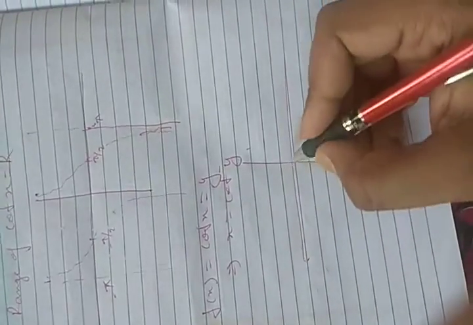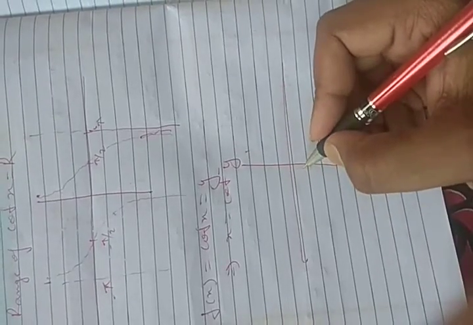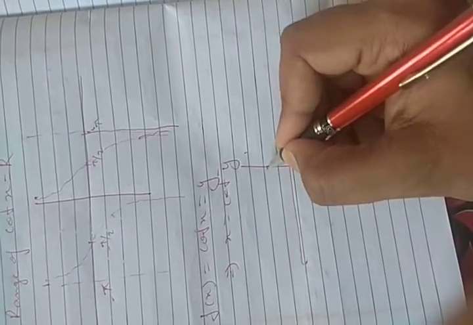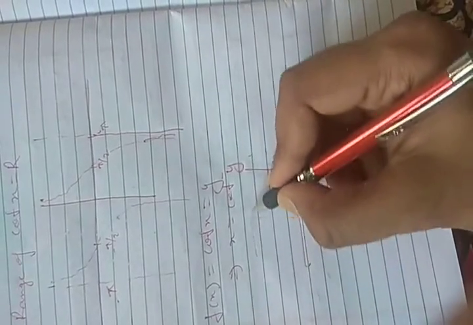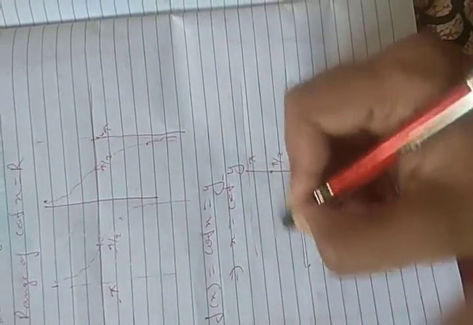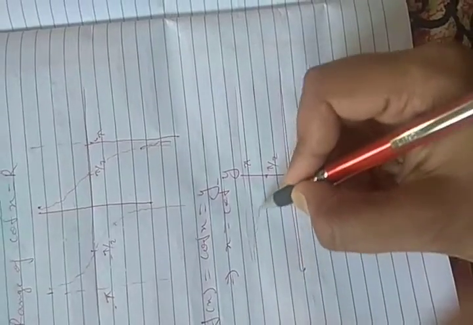Suppose here it is pi by 2, and here the boundary line will be pi, and this will move like this.